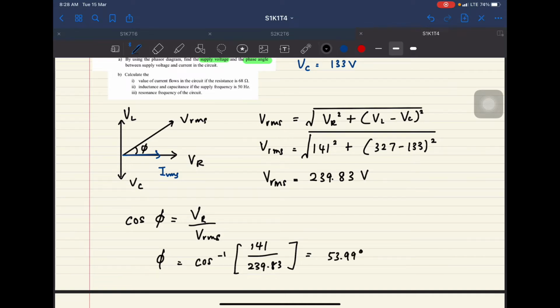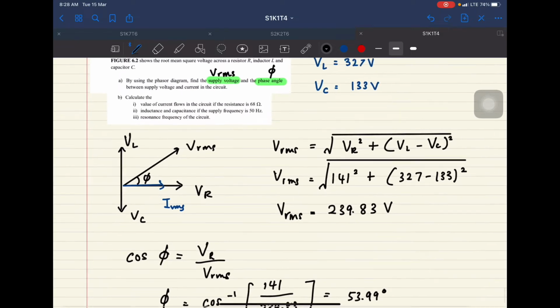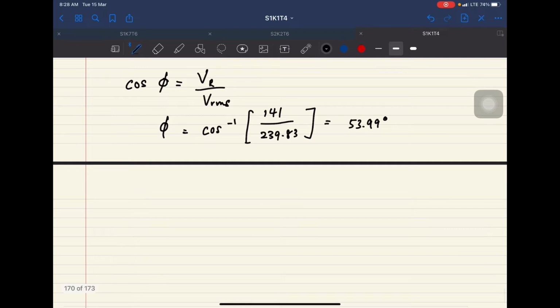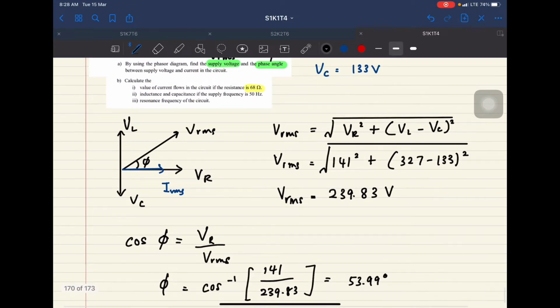Okay. The question B, they ask you to calculate the values of current flows in the circuit if the resistance is 68. Okay, so now it says that the resistance R is 68, and they ask you to find the current flows.